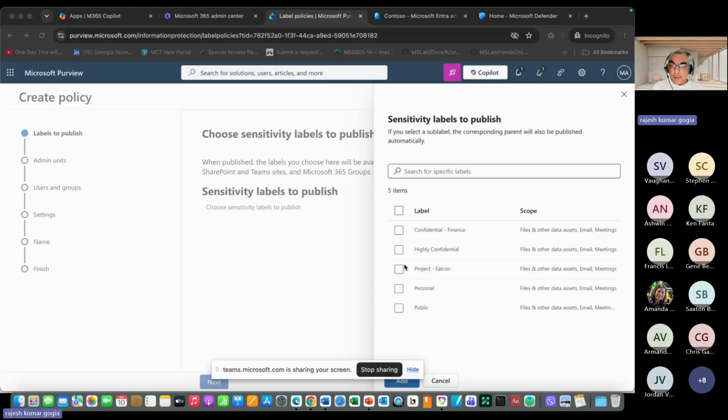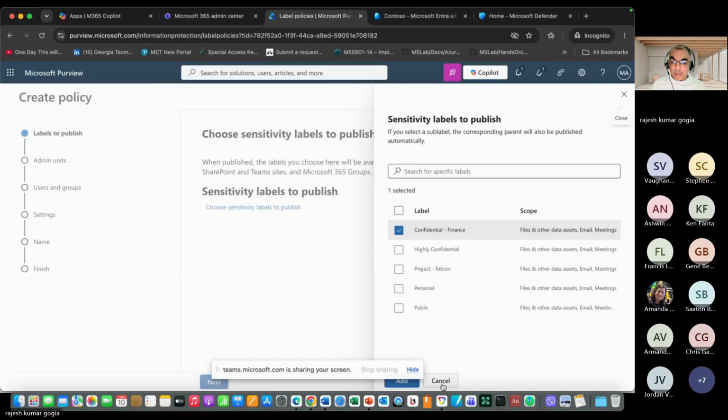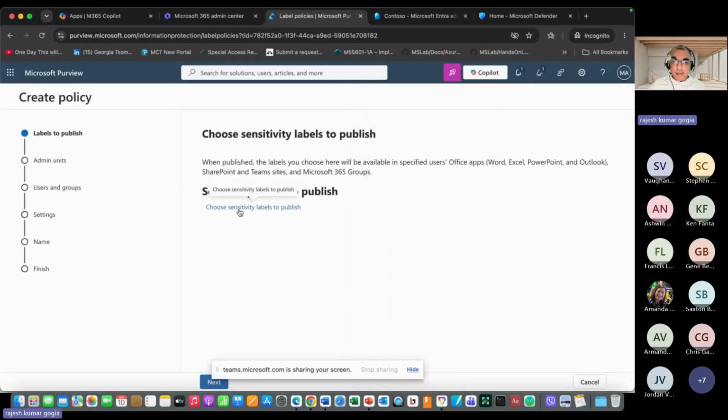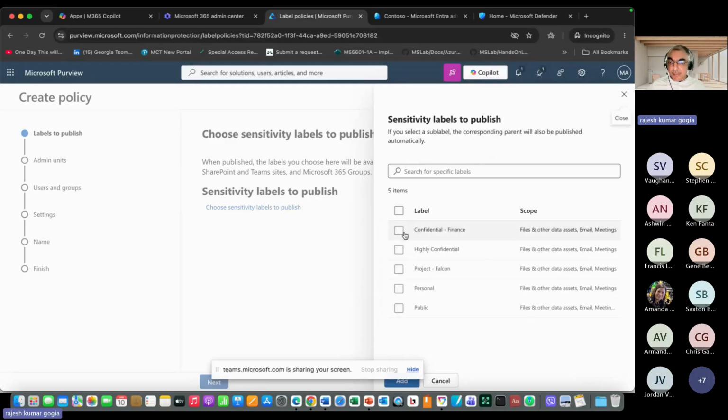All right. So you can pick and choose and say add. So depending on which particular label you want to publish and how you want to publish, isn't it? So you can add them here. You can choose any of them if you want to.